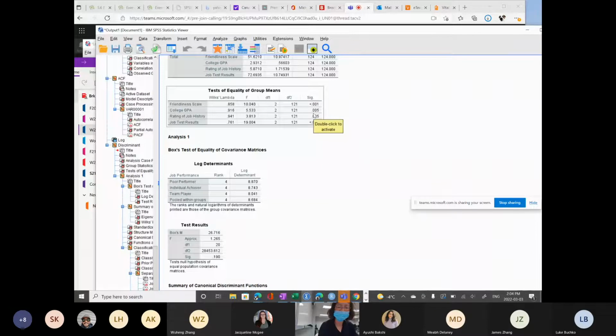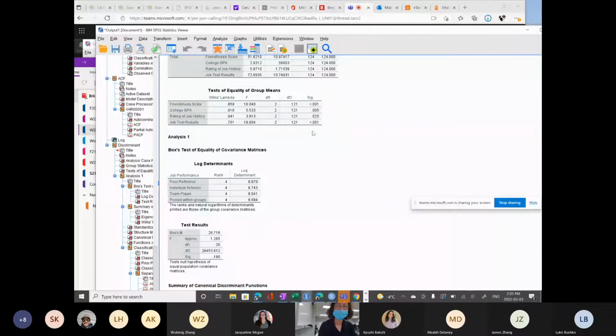And the next one, college GPA, the p-value is 0.005. Okay, you got a very small p-value. So it is significant. How do you interpret it is significant for college GPA? Means the mean value for college GPA across 3 groups are very different.